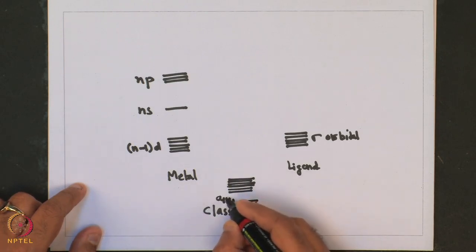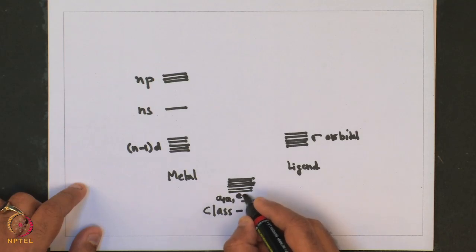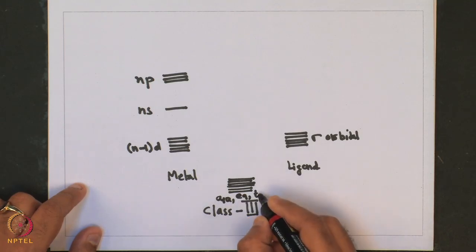These bonding orbitals are A1g, Eg and T1u.